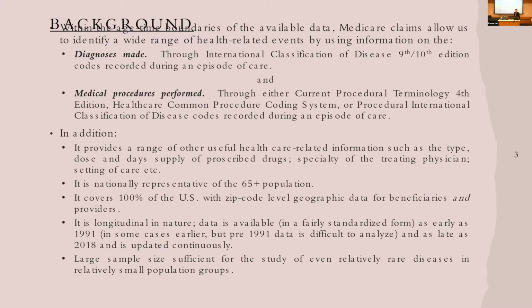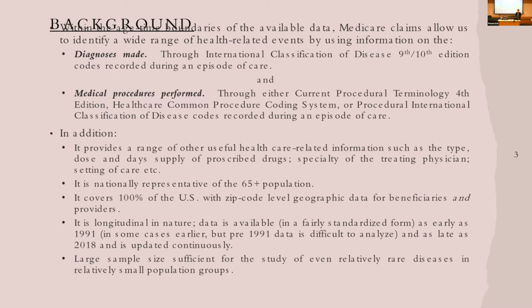You can find a mapping, but there's no guarantee that it's going to be a 100% valid mapping. You may have data artifacts, and that's a good time to check any trend that you're trying to calculate. It also provides good information on the medical procedures performed through either Current Procedural Terminology, Healthcare Common Procedure Coding System, or procedural International Classification of Disease codes.